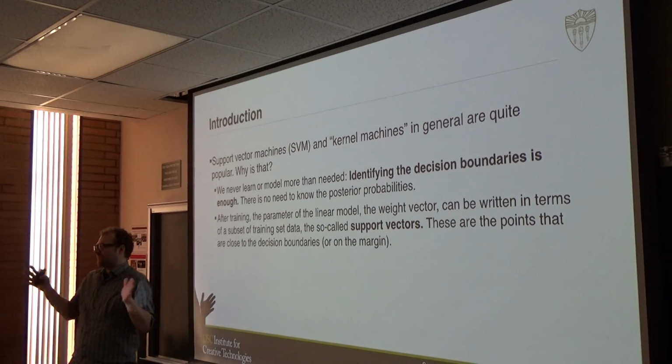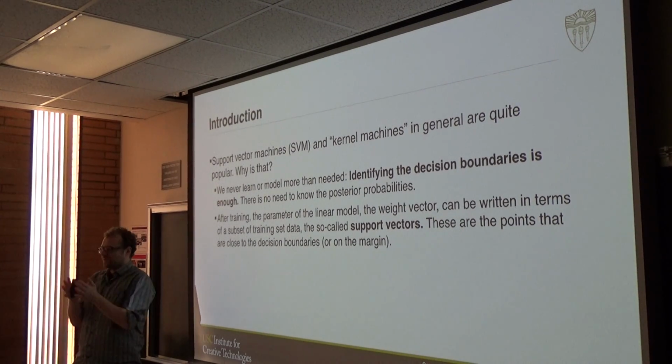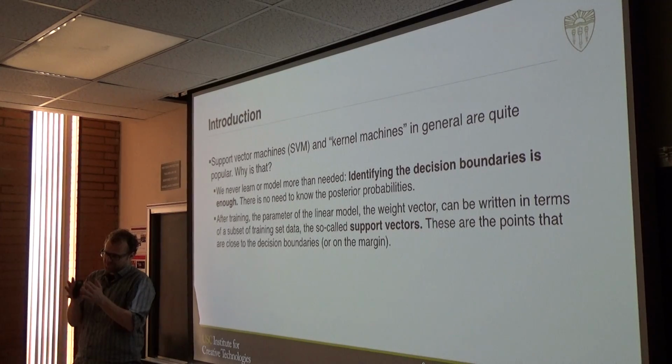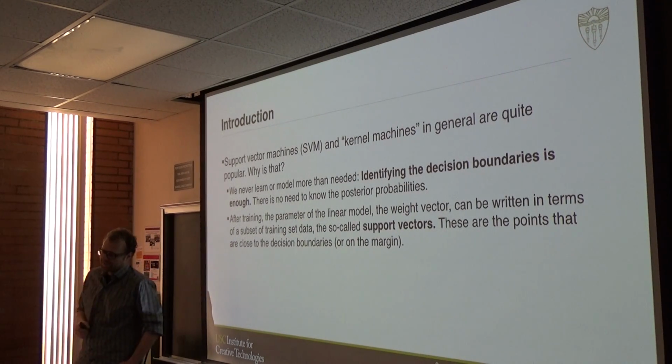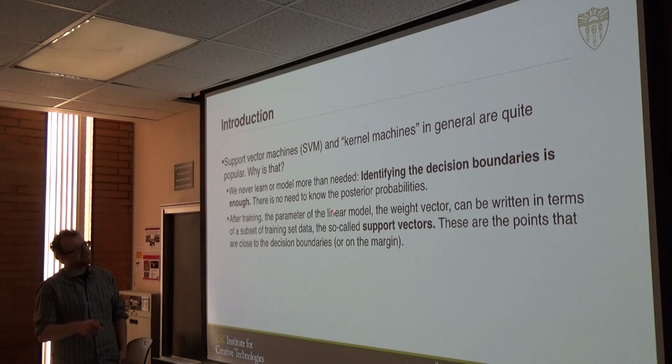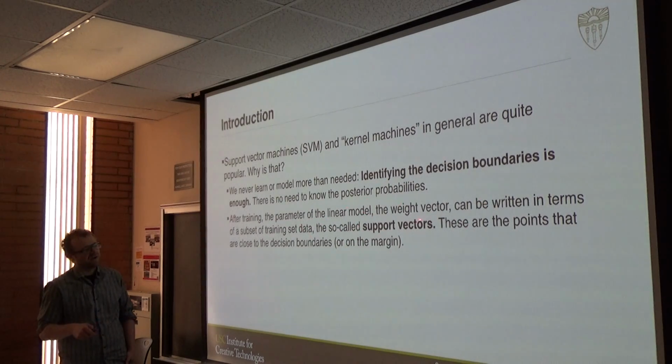And we don't have to look at all of the training data. We only have to look at a reduced number of items in our training data, and this subset is called the support vectors.